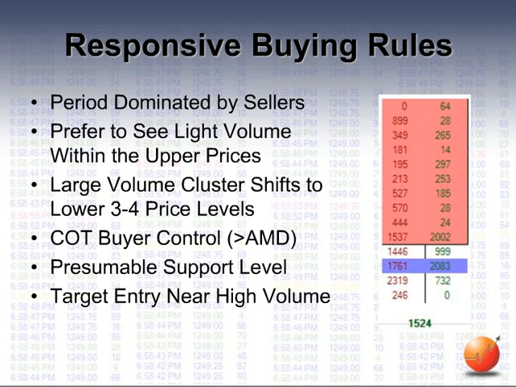But the idea is very simple. If you can imagine that up where the 195 and 213 and 527 are on the bid side, if those were numbers like 1,800, 1,700, 2,200, then it would indicate that there was a lot of selling that took place there, right? Whereas very light above it, then a lot of selling, and then light below it, it would indicate that that's where sellers initiated trade, okay?